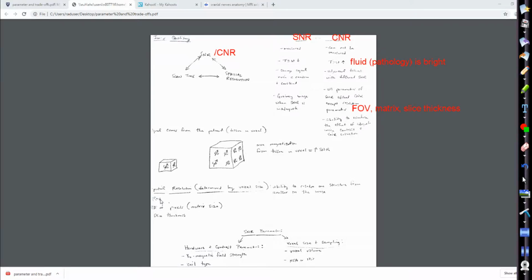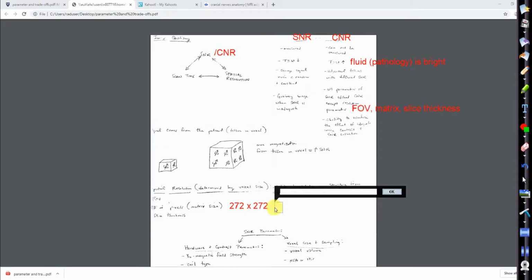It's controlled by only 3 parameters, and we already mentioned them up here. Field of view, number of pixels, and the total number of pixels is your matrix size. So whether it is 272 by 272, that's your matrix size, but that also is the total number of pixels that you have.